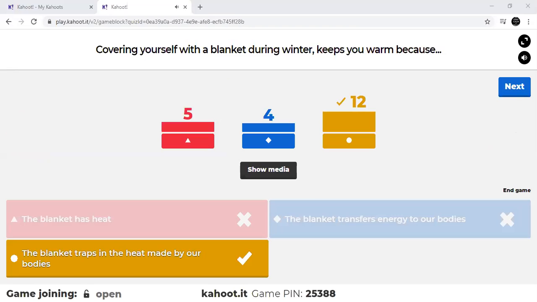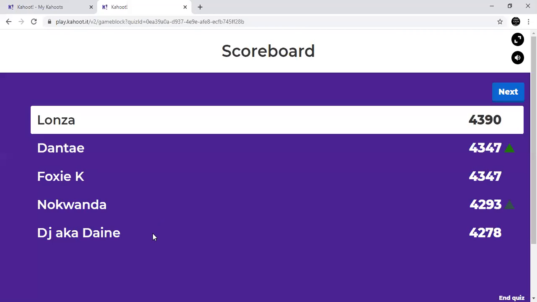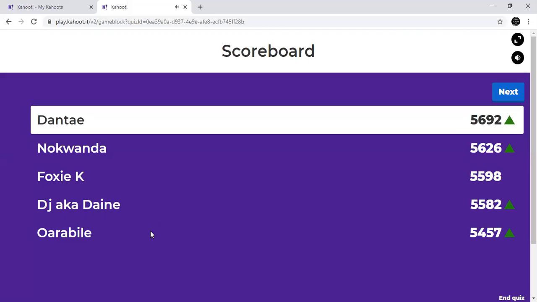All right, so the blanket traps in the heat made by our bodies. Right, so you guys actually did not listen when we were doing this question in class, right? So remember we said that the blanket acts as an insulator.